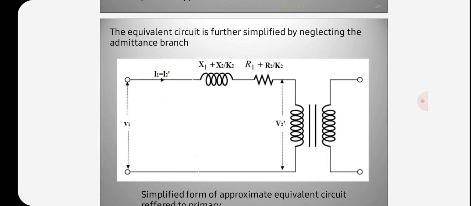So V1 dash is equal to V2 plus I2 into R02 plus j X02, that is equal to V2 plus I2 Z02, and the drop in secondary voltage, that is I2 Z02, is equal to V1 dash minus V2, which is equal to k V1 minus V2.